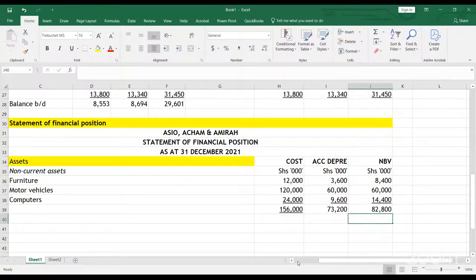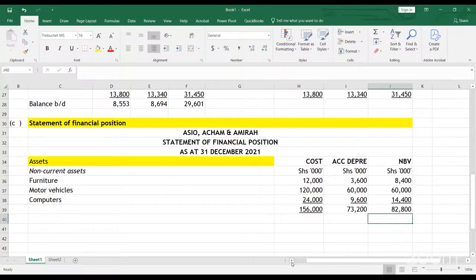So those are the non-current assets, presented at cost less accumulated depreciation.